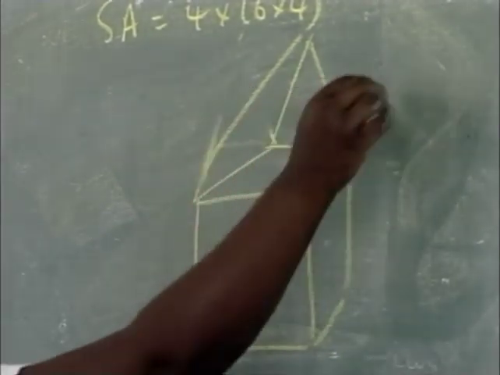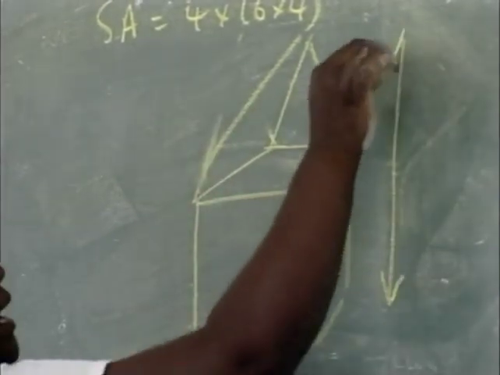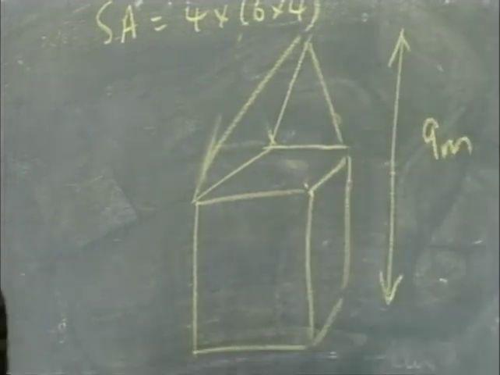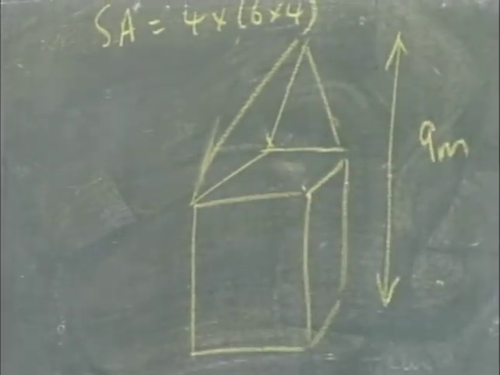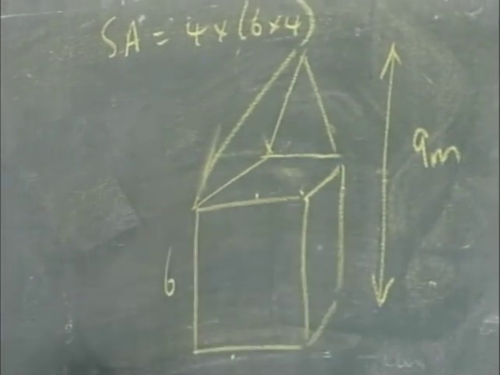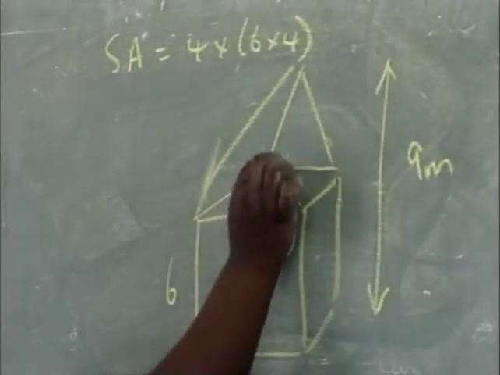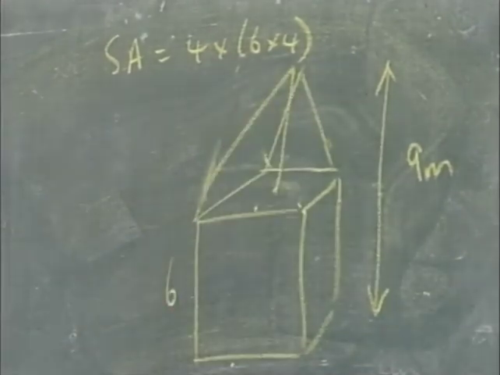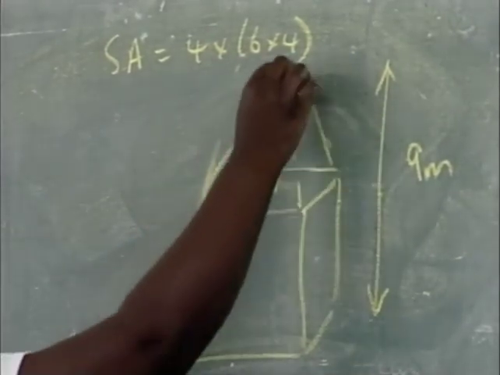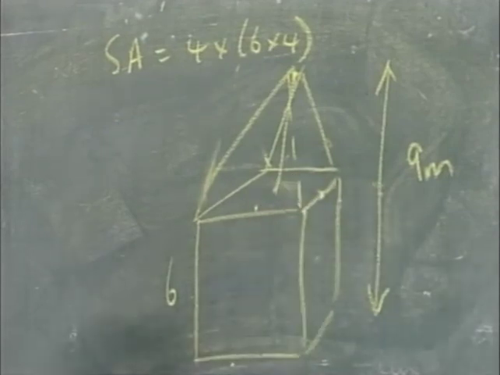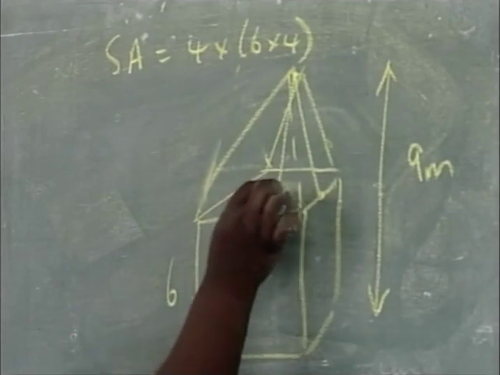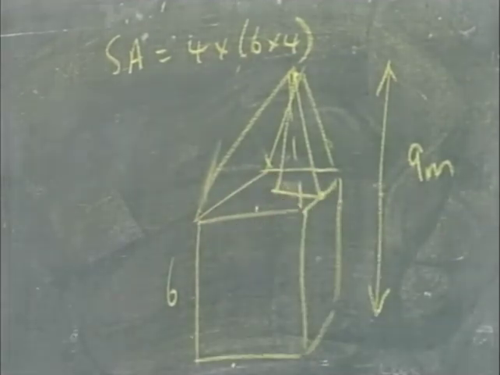From the top, because you are told that from here to here is 9. Is it in meters? Okay, if it's 9 meters, from here to here is 6, which means from the middle up is 3. But from the top to this is not 3. It's different.